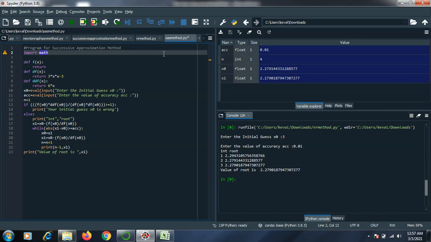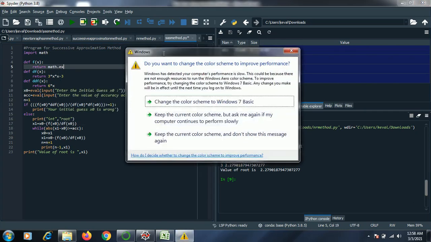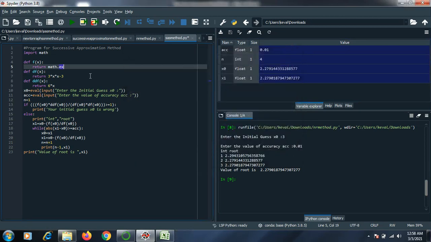Now let us see how to import the math library. So we need to have import math. Then while defining a function, we have to say math.exp(x) minus 5x. That was the function.